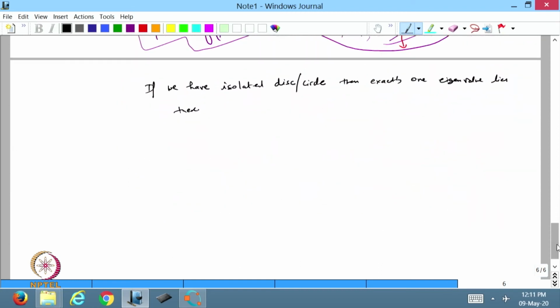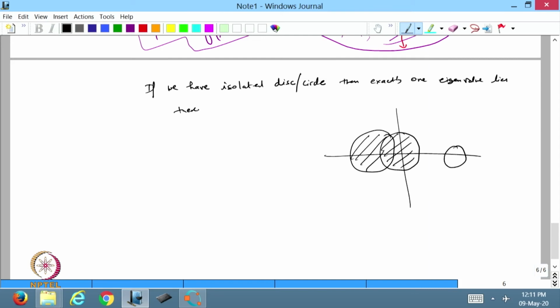But what will happen if I have this type of disk? Suppose I get one disk like this one, another disk like this one, and another disk like this one. Suppose I have a 3 by 3 matrix. So, in the 3 by 3 matrix I will get 3 disks. So, one disk will be there.